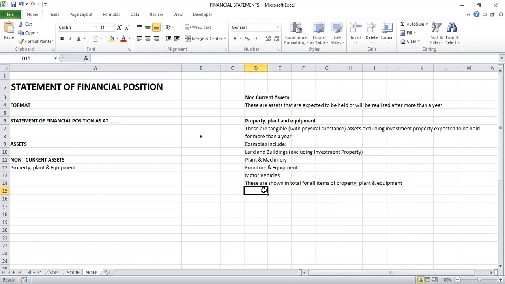The amount in the statement of financial position is the carrying amount at the reporting date.